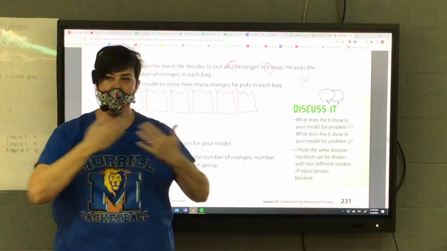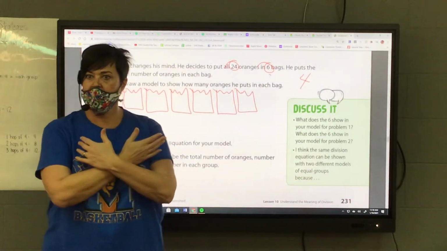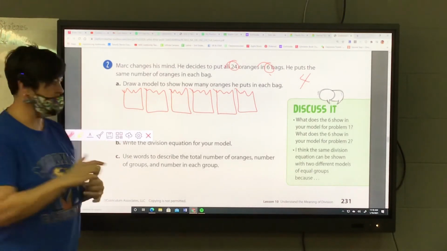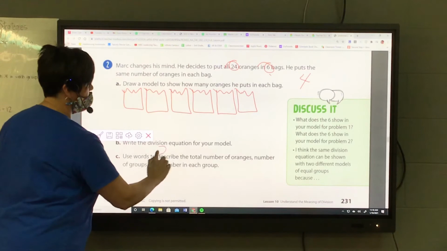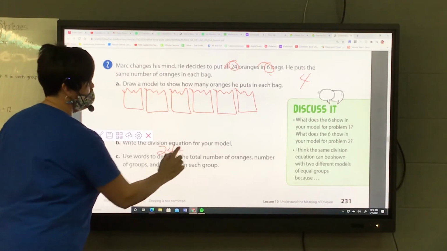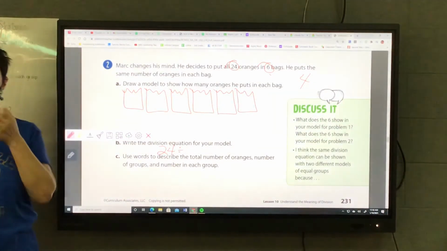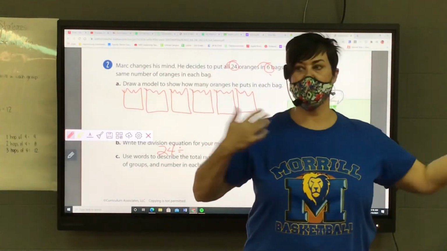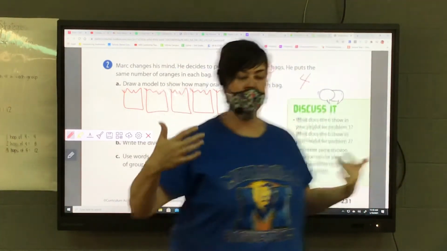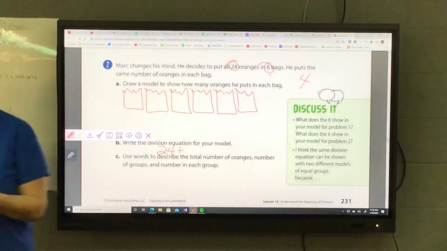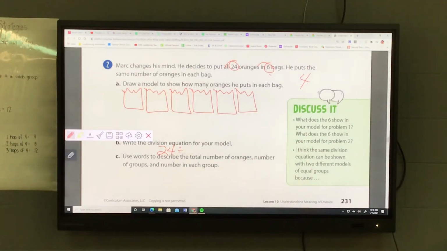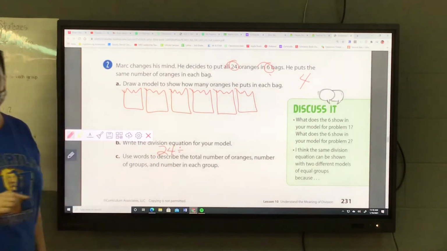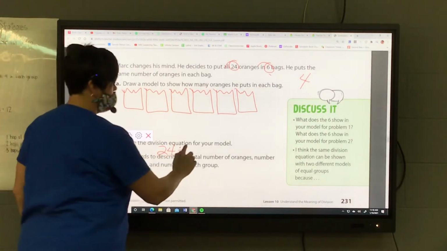Are they flip-flopping some things? Yep. Are they flip-flopping 24 though? No, because we're still starting out with 24 divided by, what did they flip-flop though? The 6 and the 4. They flip-flopped those.